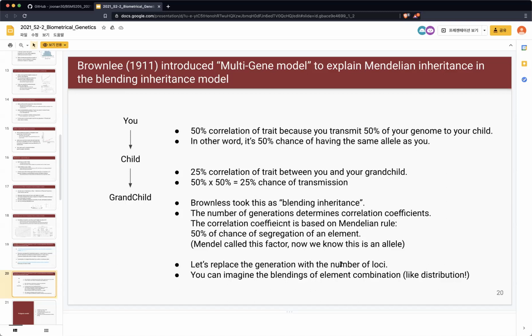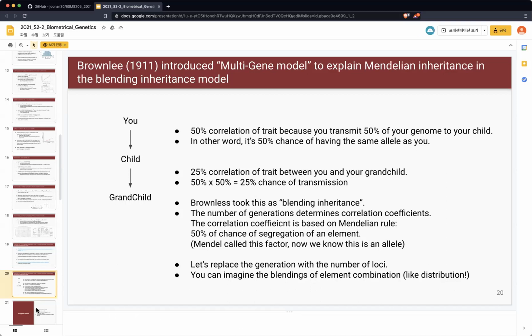So Brownlee thinks that this is the same situation that Darwin proposed in his blending inheritance. And this is also totally complementary with the idea of Mendelian genetics. And this is followed by Fisher's idea in 1918, but Fisher's idea adds clever things to his model.